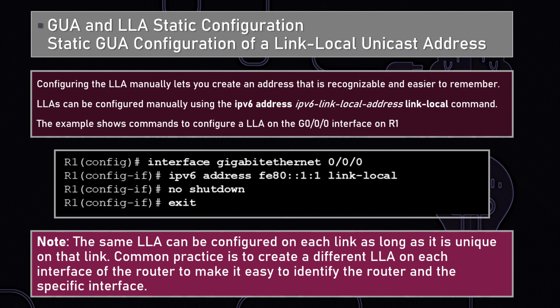So what we've done now is we've said FE80 is our prefix, and then 1 or 0001 for our interface ID. No shutdown, exit. The same LLA can be configured on each link as long as it's unique to that link. Common practice is to create a different LLA on each interface of the router to be able to identify which router interface we're passing through.